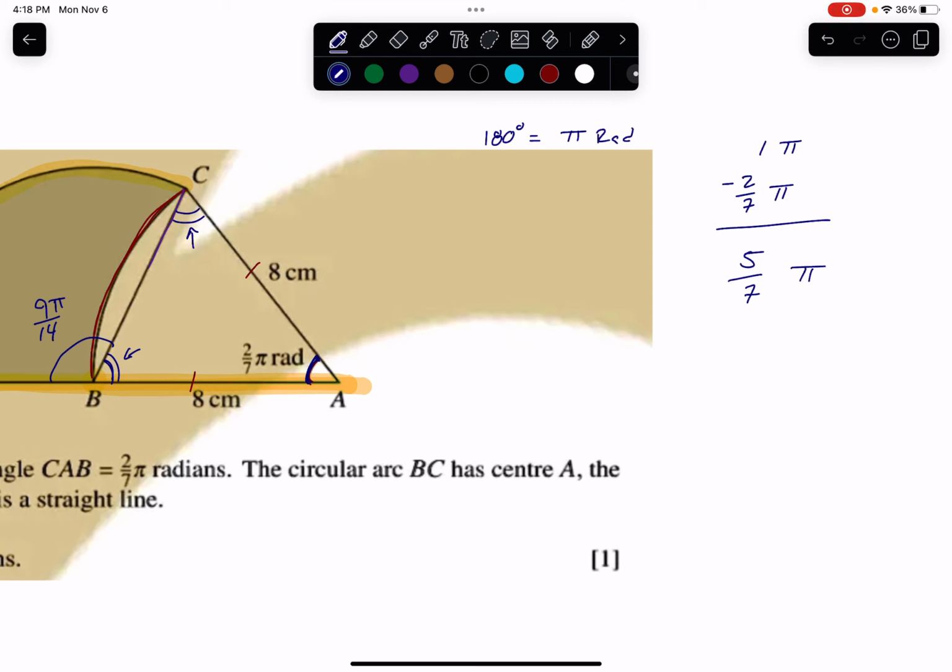So let's split the 5/7 pi. Let's divide it by 2, which is the same as multiplying by a half. If I take 5/7 divided by 2 in the calculator, I'll get 5/14.